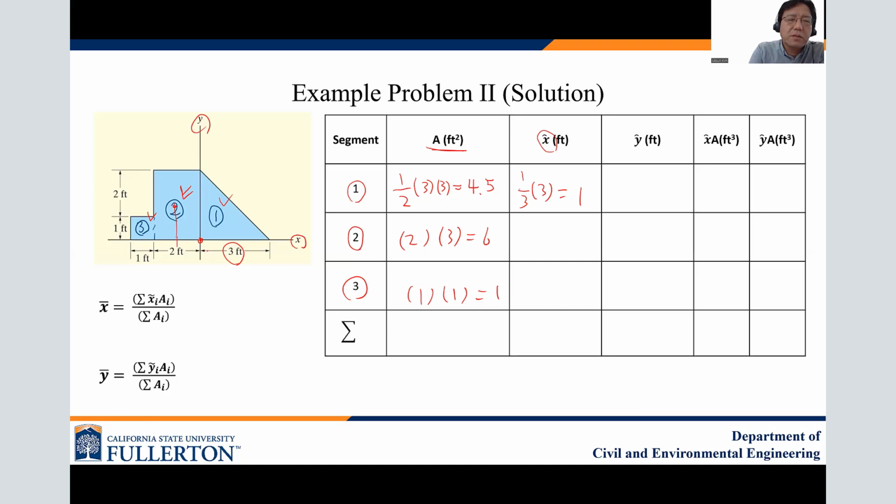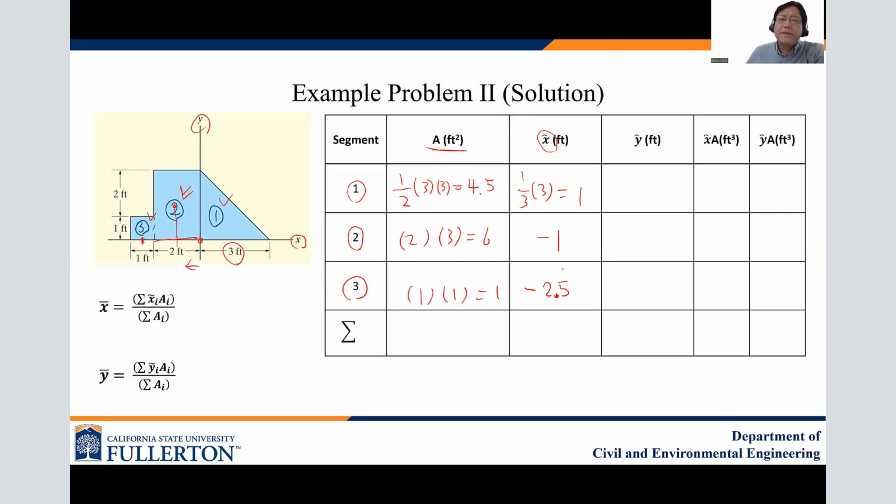This location, but that is in the negative direction, so that is -1 feet. And then segment 3 is at 2 plus half of that, so that is also negative, -2.5. So don't forget negative, okay?